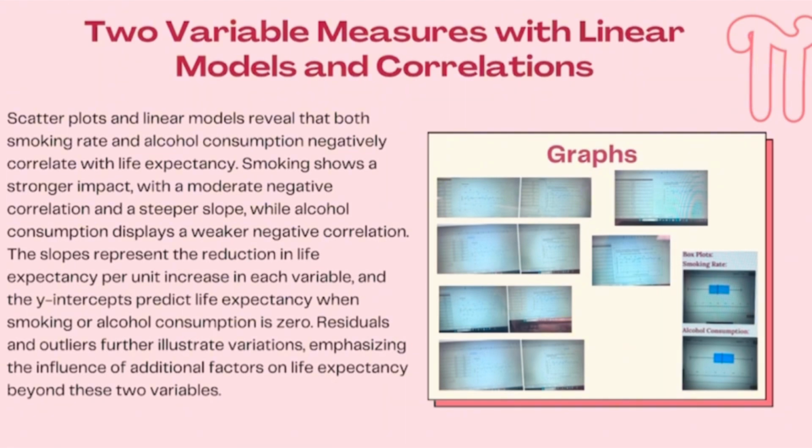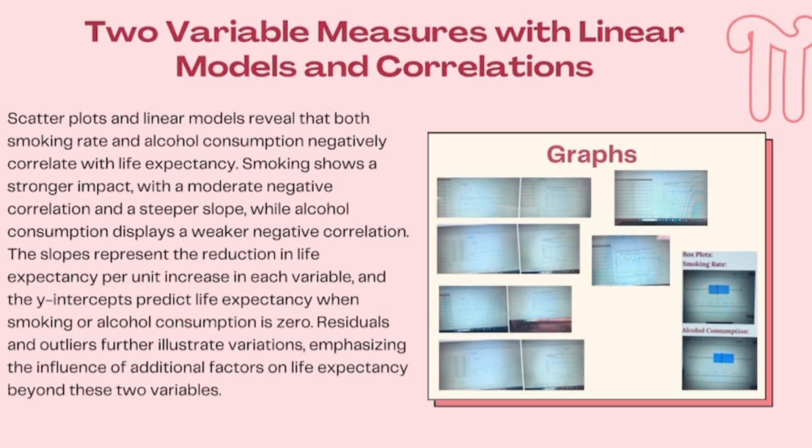Additionally, residuals and outliers were used to evaluate the accuracy of the linear models, helping to identify any unusual data points or patterns. The box plots for smoking rate and alcohol consumption visually represent the distribution of these variables and their impact on life expectancy, confirming the negative trends observed in the scatter plots. Overall, these analyses help to demonstrate the relationship between smoking, alcohol consumption, and life expectancy.